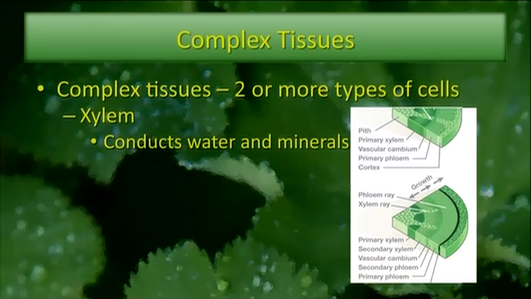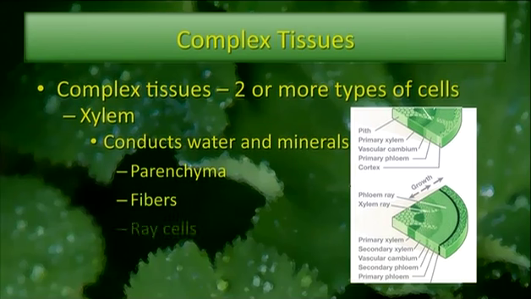It conducts water from the root into the stem, into the leaf, and out of the leaf through pores called stomates. And some of the components of xylem include parenchyma cells, fiber cells, ray cells, which are a kind of parenchyma that actually make up rays.